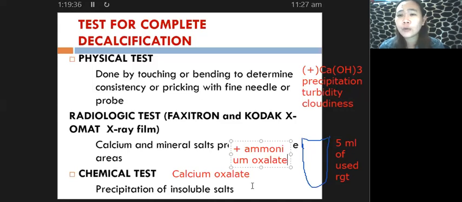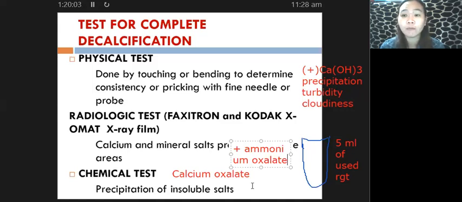So you will not be able to really tell if decalcification is complete after alkalinization, unlike with the other decalcifying solutions, because a precipitate will form after alkalinization even in the absence of your calcium ions, even if decalcification is already complete.